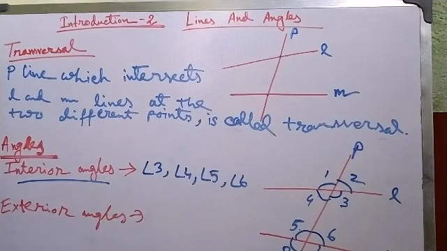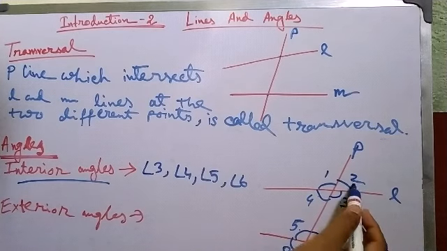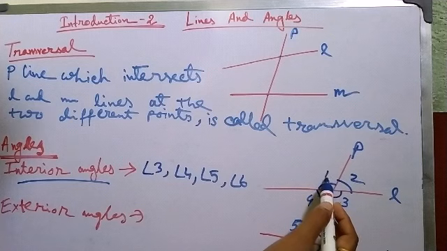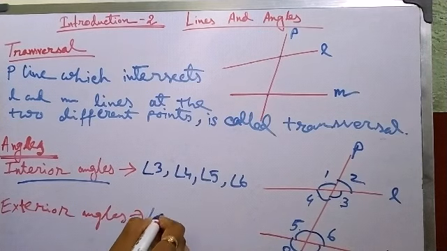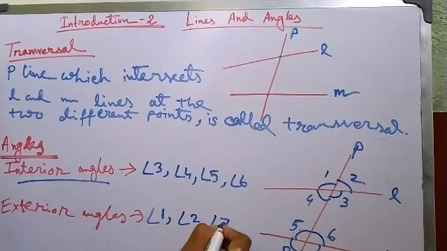If 3 is an interior angle, then 2 is outside of this line L. So 2 is called an exterior angle, 1 is called an exterior angle, this 7 is called an exterior angle and this 8 is called an exterior angle. So angle 1, angle 2, angle 7 and angle 8 are called exterior angles.